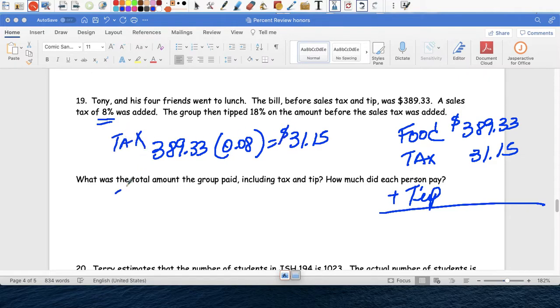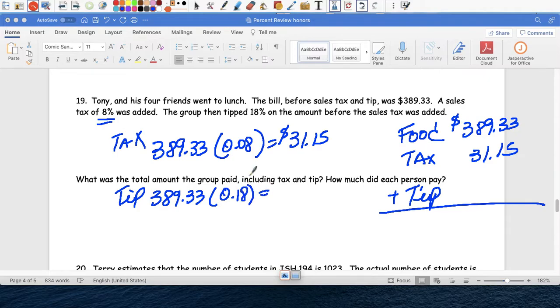The tip. I remember I told you, don't add the food and tax and then find the tip on that sum, right? We want to tip the waiter. I don't want to be called cheap, but we want to tip the waiter on the service that he provided, right? Which in this case is the total of the food and drinks and desserts, etc. And that is 389.33. So the tip is 389.33, and what are we tipping him or her? 18%, 0.18.